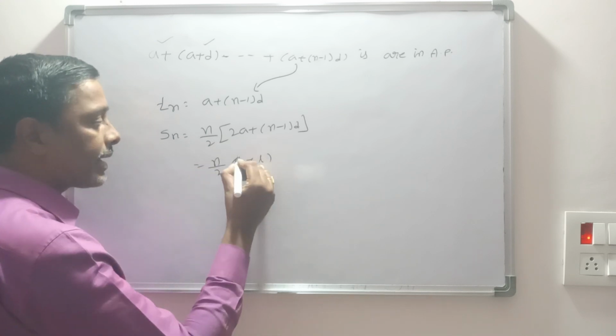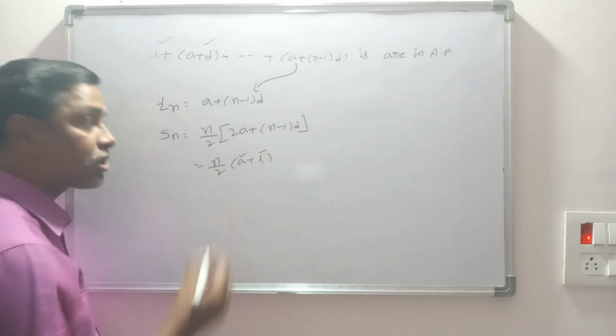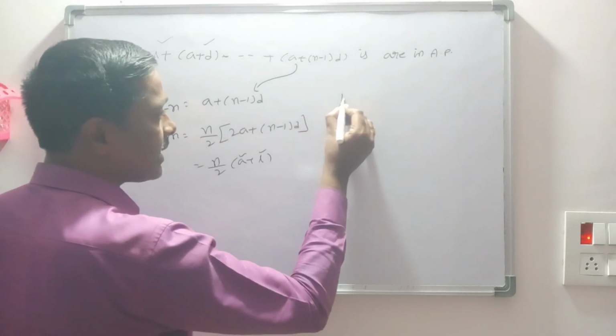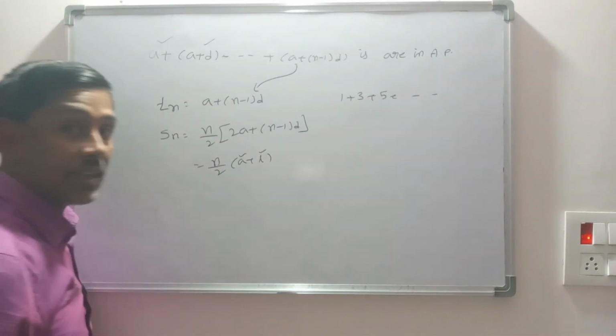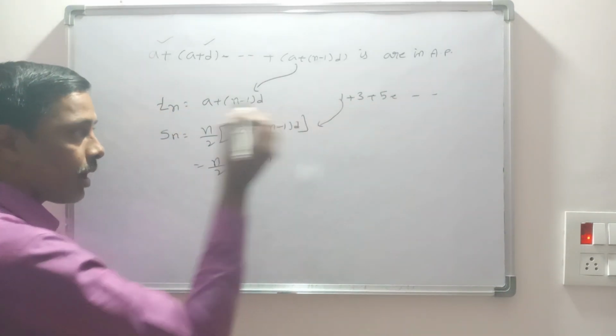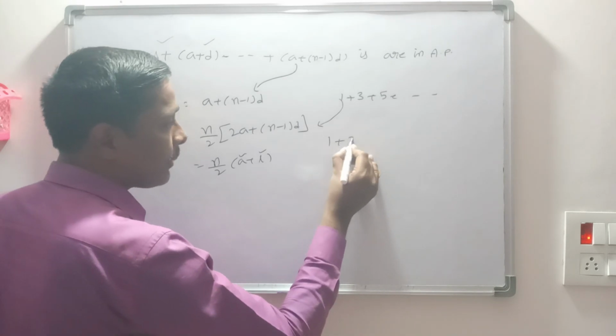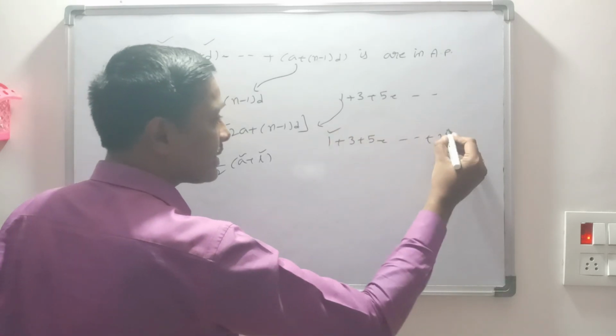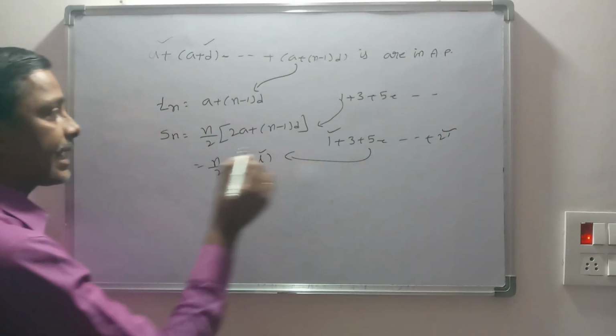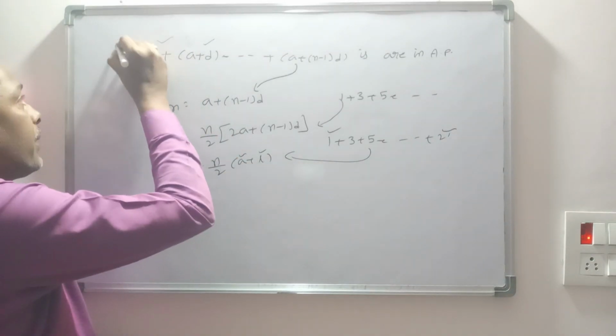This is used when the first term and last term are given. For example, in the series 1 plus 3 plus 5 plus so on, the last term is not there, so use the first formula. For 1 plus 3 plus 5 plus so on 21, the first term and last term are there, so use the second formula. This is AP format.